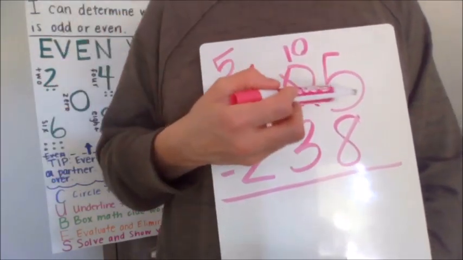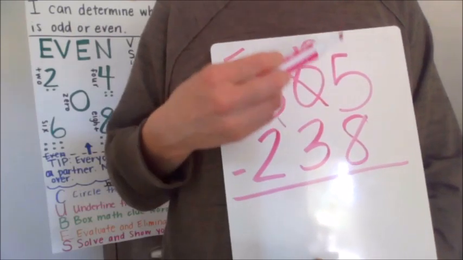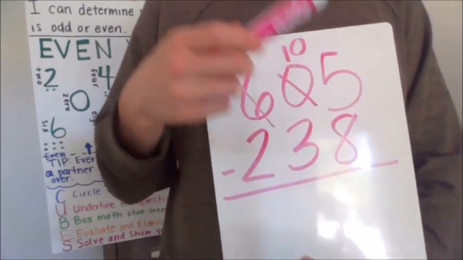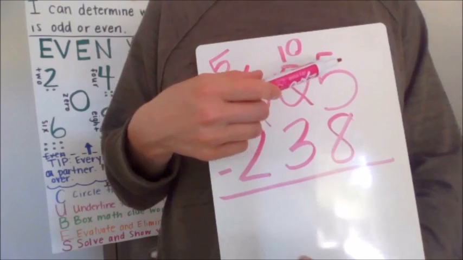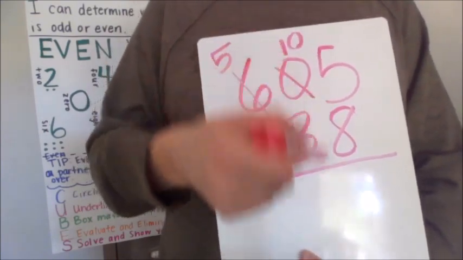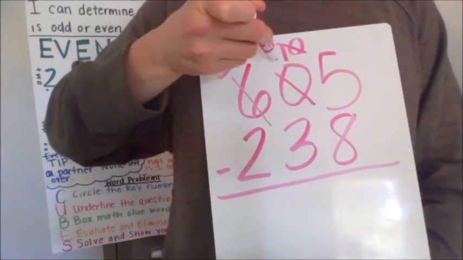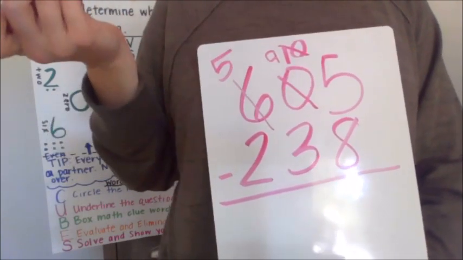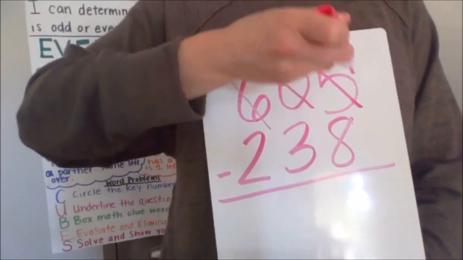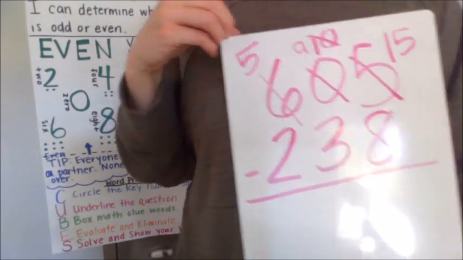Now, I still need to regroup in my ones place because I cannot subtract 5 minus 8. 8 is too many to take 5 away. So I am going to take 1 from my tens place and turn that into a 9, and then I'm going to add that 10 to my 5 in the ones place, which turns into a 15.